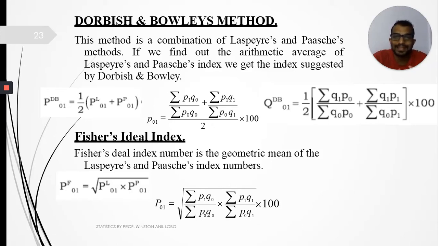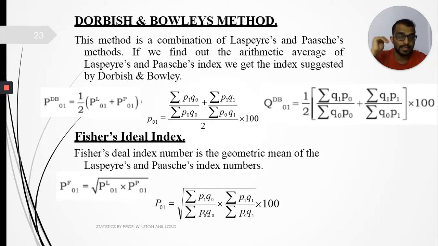So students, these are all the formulas of weighted price index number. We saw last year's, past year's, Marshall Edgeworth, Kelly's, Dorbish-Bowley and Fisher's index number. To repeat once again, remember, last year's was based on base year quantity for price index.